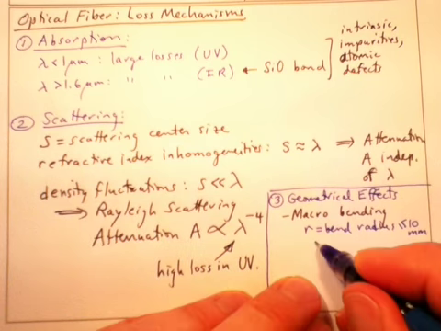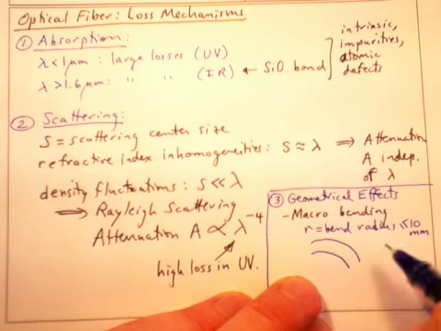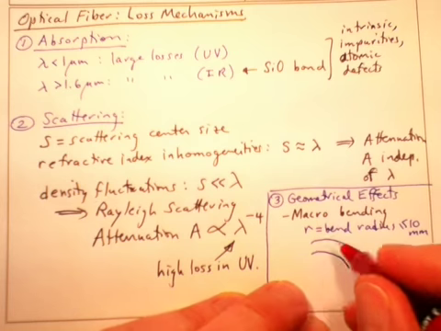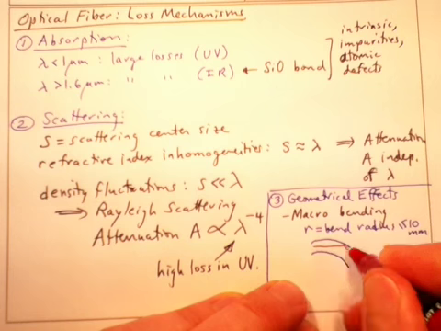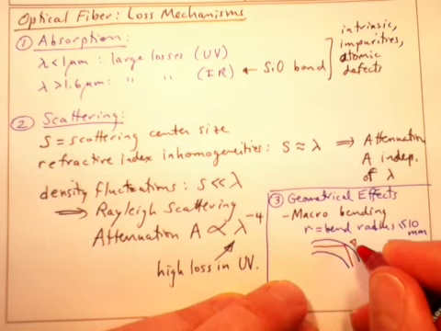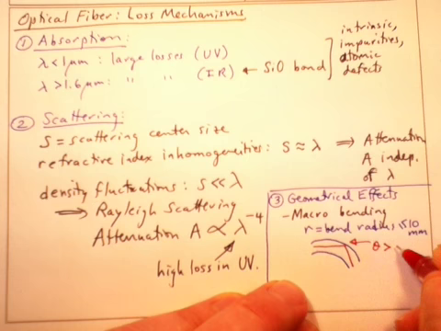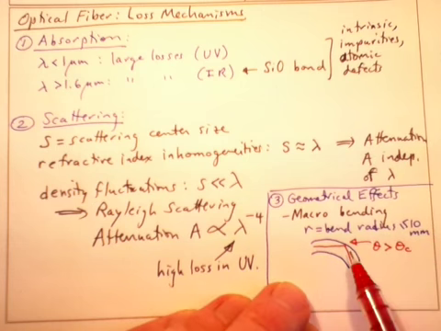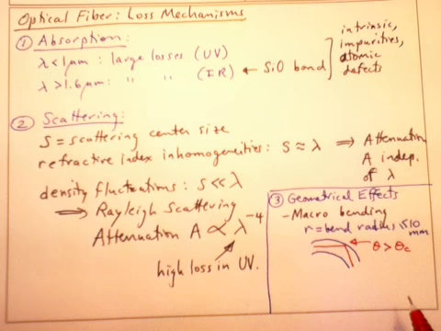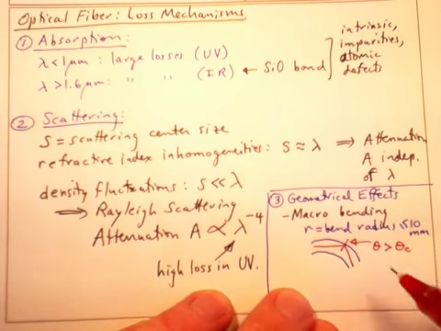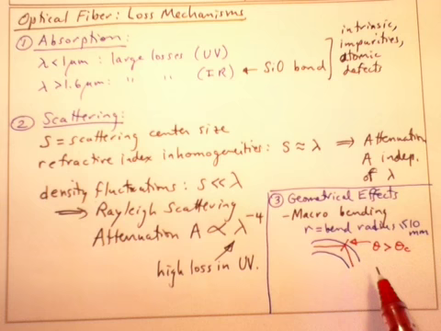The idea is more or less that if you're going around the bend like this, then the zigzag angle may effectively be larger than the critical angle due to the bending geometry. The zigzag angle is measured from the interface, but as the core is bent around, that angle changes. If theta is greater than the critical angle, of course you're going to see very large losses there.